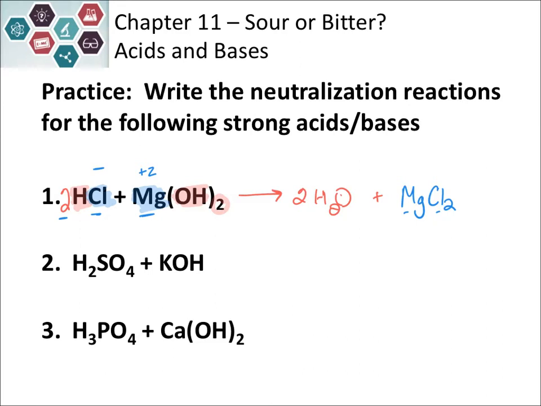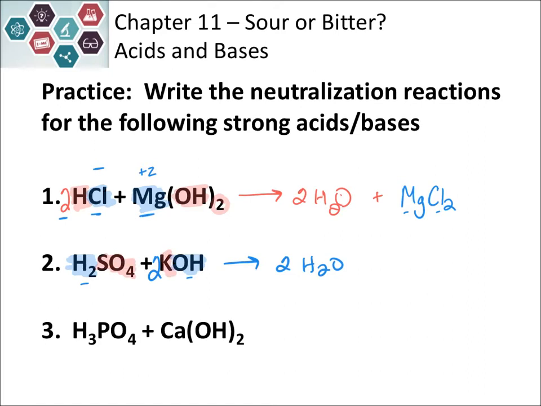If we look at the second, we have 2 hydrogen ions and 1 hydroxide ion. So I'm going to go ahead and put a 2 in front of the KOH. 2 hydroxides and 2 hydrogens. Again, we're going to make 2 waters. If I look at what we have left, we have SO4, sulfate, and potassium.